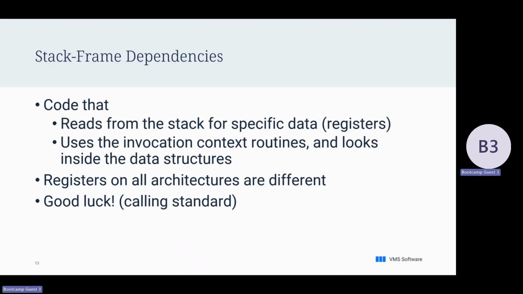If you're doing any of this, my guess is you're writing some kind of debugger or similar system tool. Yeah, rewrite it. Registers on all these architectures are different. How those registers are used is different. Again, good luck. See the calling standard.